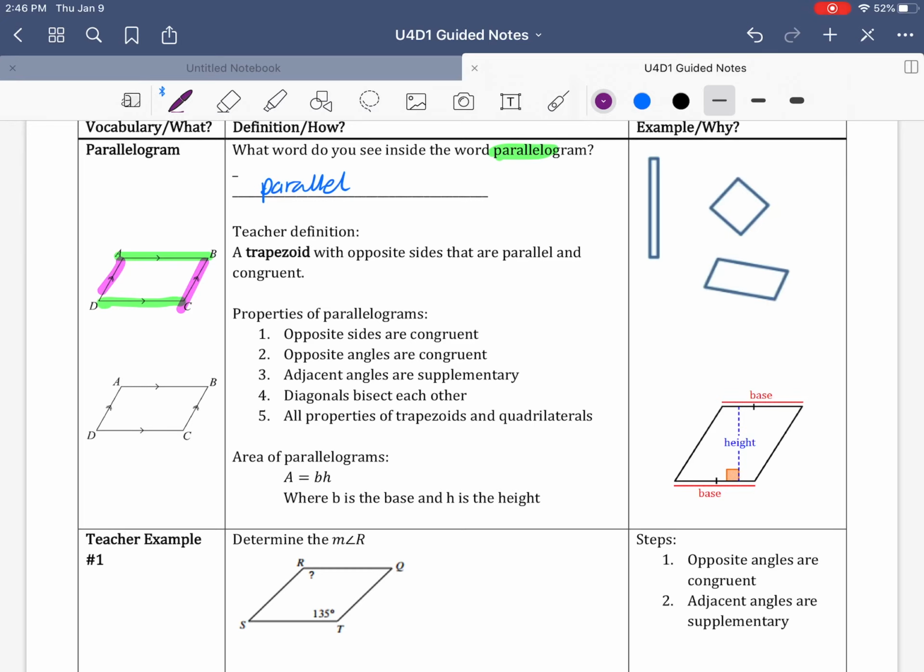Okay? The properties for parallelograms are that our opposite sides are congruent, and our opposite angles are also congruent.